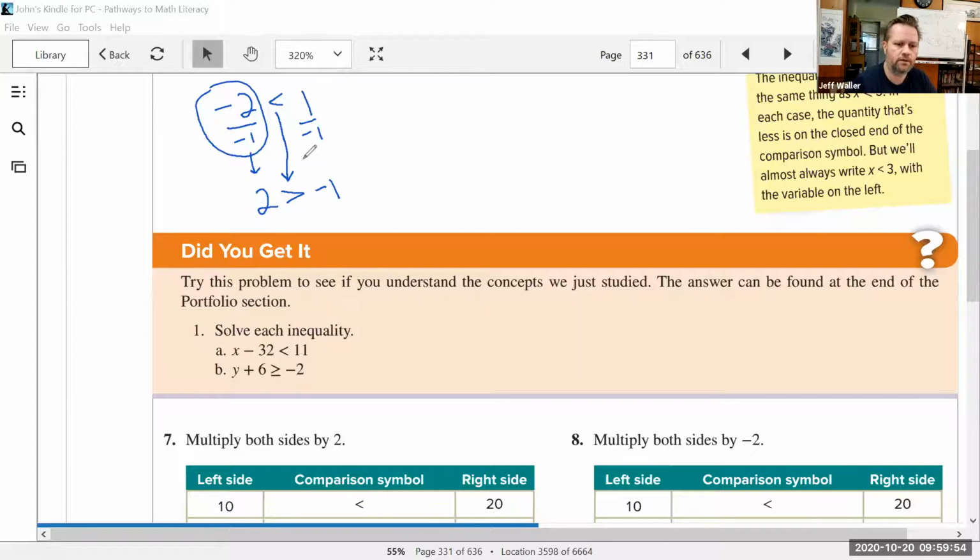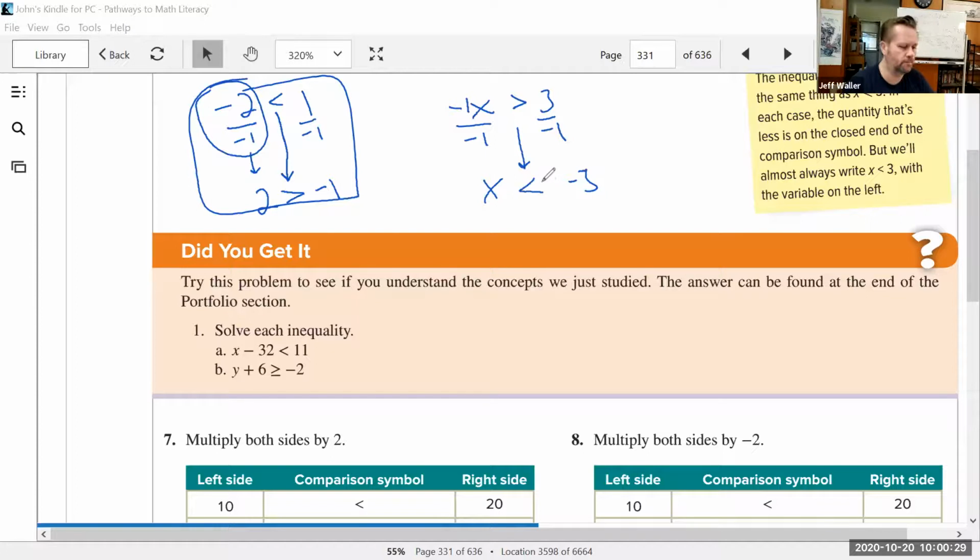So if I'm solving an inequality, and I had this little tiny inequality, what would you do to both sides to get x by itself? You have to divide by -1. And what did we just figure out here? Anytime you divide or multiply both sides of an inequality by -1, what does the inequality symbol have to do? It has to switch.